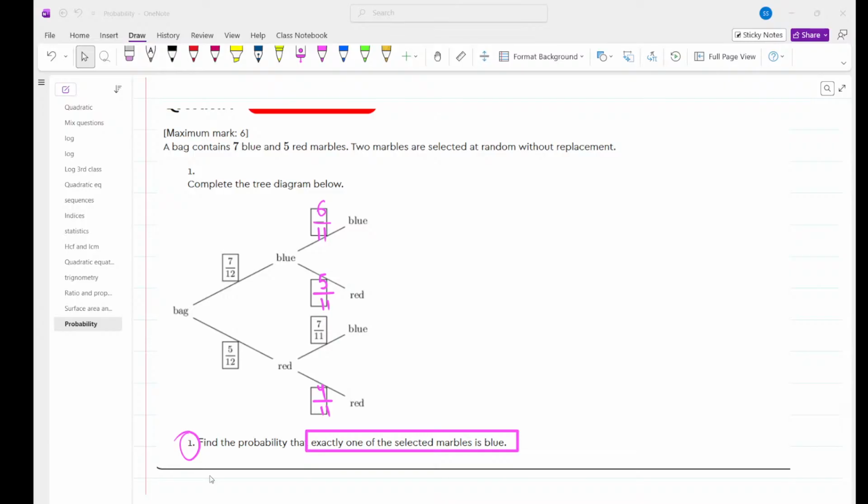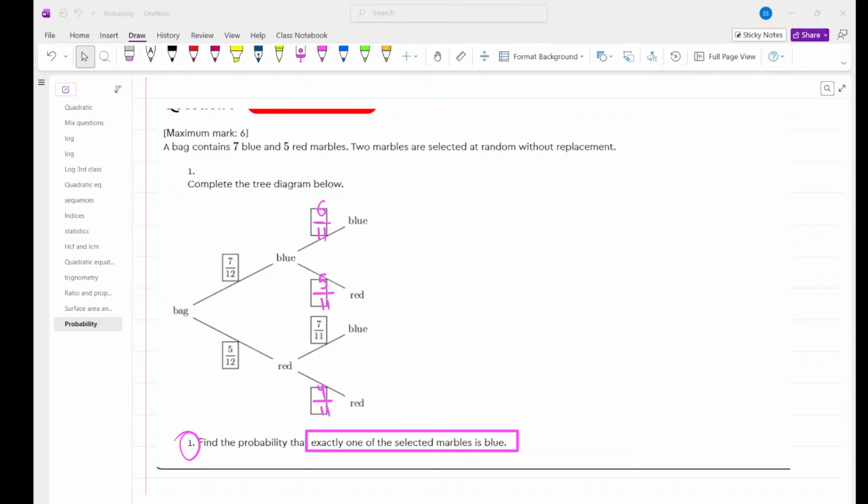All right, so 5/12 times 4/11 gives you 5/33. 7/12 times 6/11 gives you 7/22. Plus 5/33, one minus answer, so 35/66. Correct. That's what I'm getting.